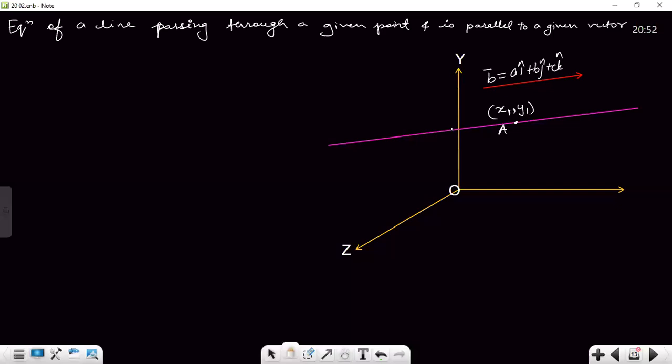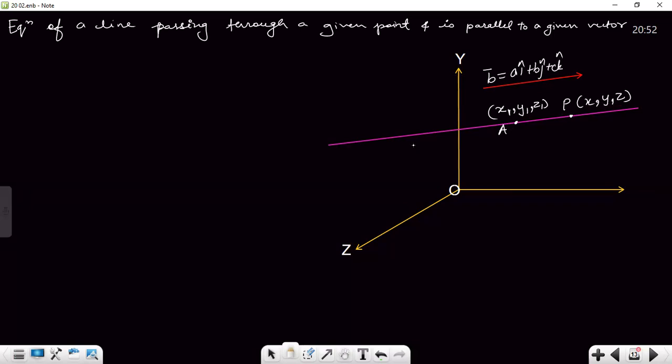For finding the equation of this line, we'll take a general point P. Sorry, I made a mistake. We're discussing three dimensions, so the point P has coordinates x, y, and z.